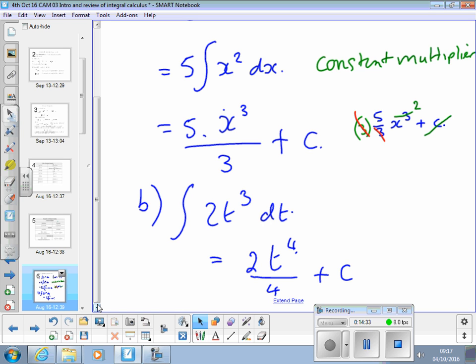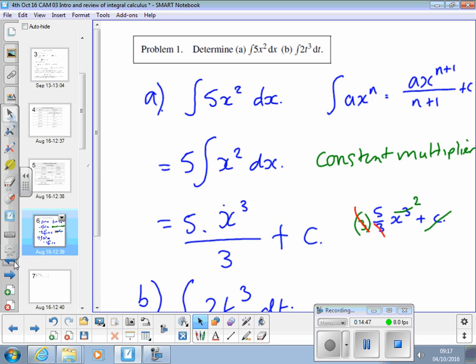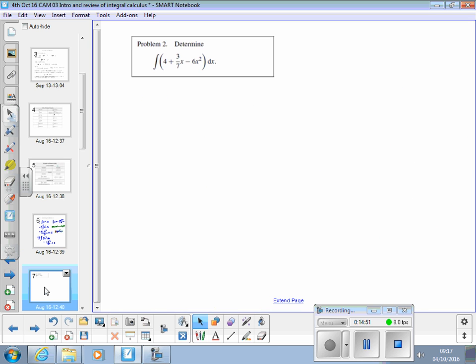Now, applying that, bearing in mind that the sum rule says you've got to deal with each of those in turn, let's go back one step and put an extra one in here. What do we do?